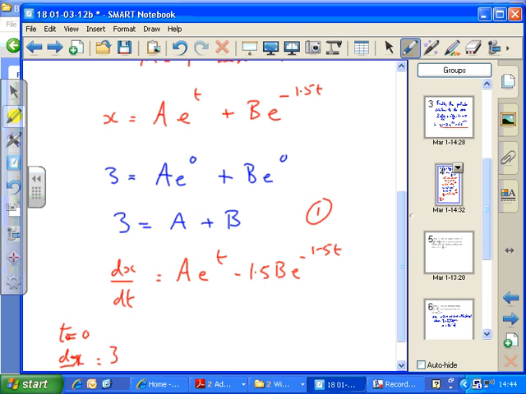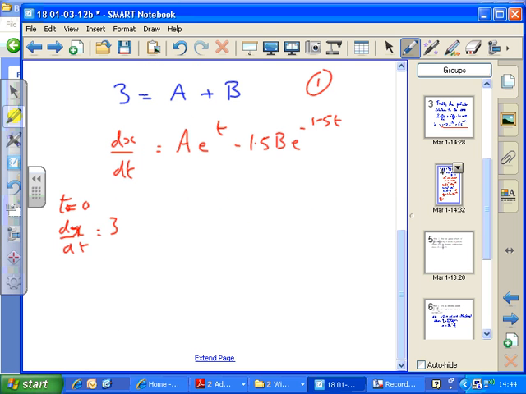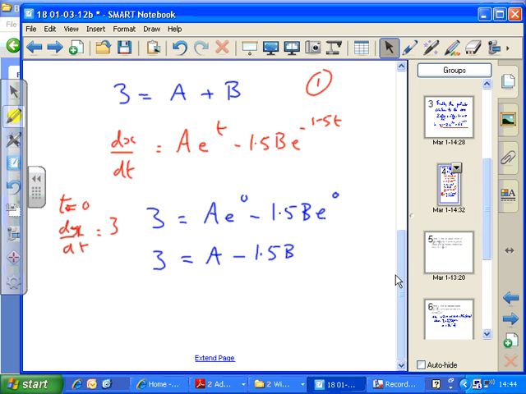So I can now put those values into there. 3 equals a e to the 0 minus 1.5b e to the 0. So our second simultaneous equation is 3 equals a minus 1.5b.